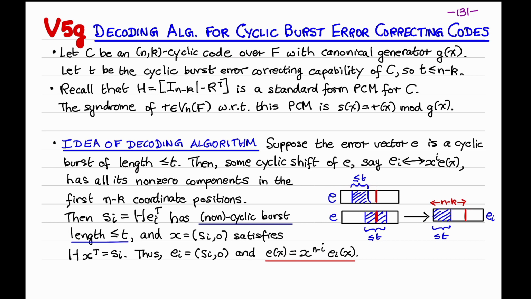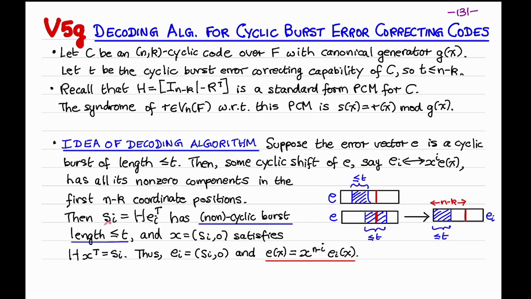Or perhaps E looks like this vector, where not all the non-zero entries are in the first n minus k coordinate positions. In the second case, some cyclic shift of E, let's say E_i, E shifted i coordinate positions to the right, has all the non-zero entries in the first t coordinate positions. Remember that t is at most n minus k.